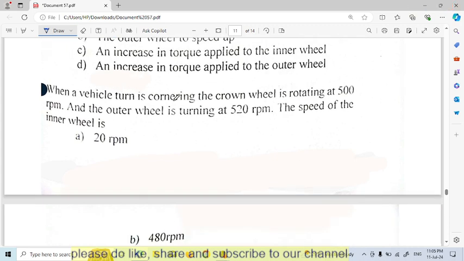So when a vehicle is cornering, the crown wheel is rotating at 500 rpm and the outer wheel is running at 520 rpm, what is the speed of the inner wheel? The speed of the inner wheel will be between 500 and 520. So that will be the right answer. Okay. In the next class, we will do the remaining MCQs of the transmission system. Okay, thank you.